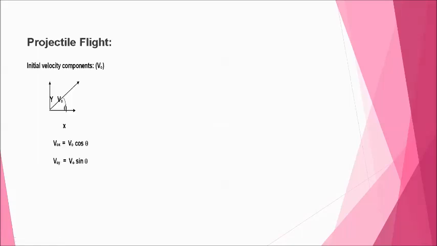Okay? So now let's take a look at the horizontal and vertical components of the projectile. Starting with the initial velocity components, V sub O. That's why we say V sub OX, V sub OY. V sub OX means the horizontal aspect of the initial velocity. V sub OY means the vertical aspect of the initial velocity.